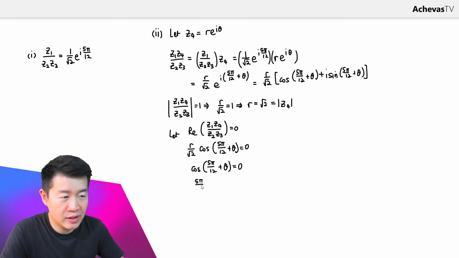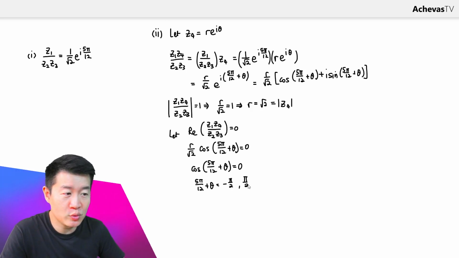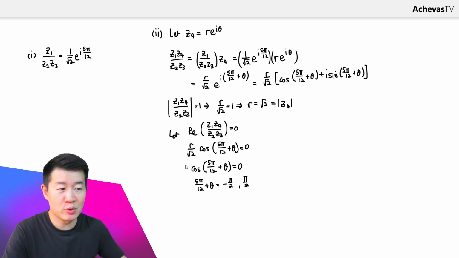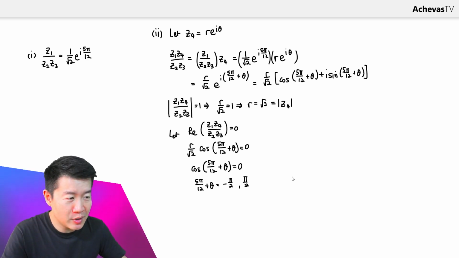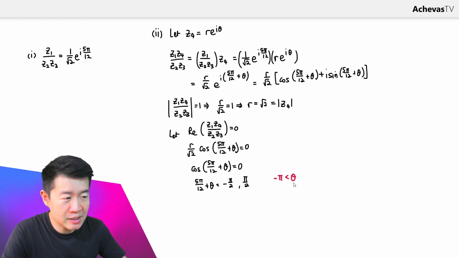So this 5 pi over 12 plus theta will be minus pi over 2 or pi over 2. And the reason why I am writing just minus pi over 2 and pi over 2, and rejecting all the rest of the possible values of angles that will cause cosine to be 0, is because for this particular question, it did mention that theta is going to be between minus pi and pi.